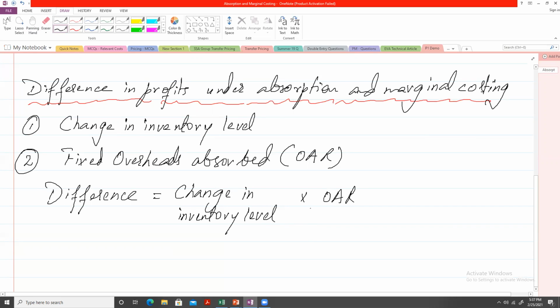So the difference between the profit figures of the two approaches, marginal and absorption, is calculated as change in inventory level multiplied by the overhead absorption rate, that is OAR.